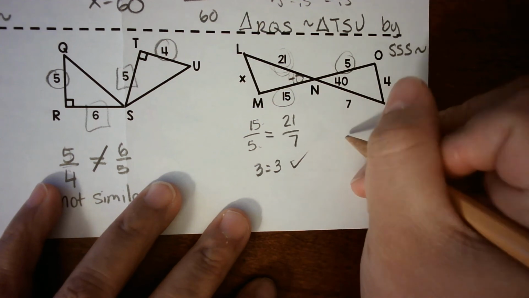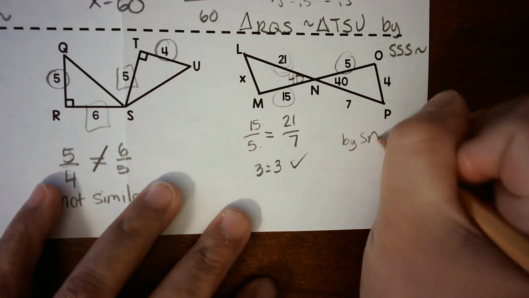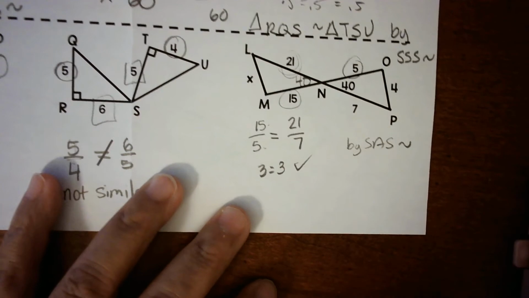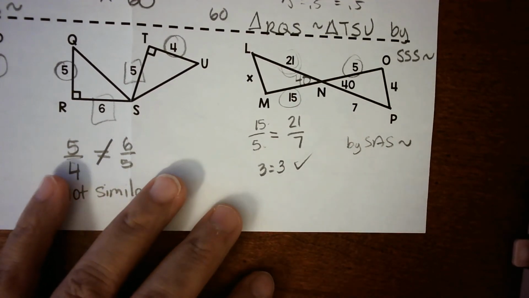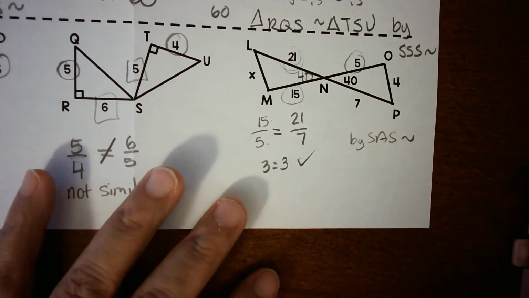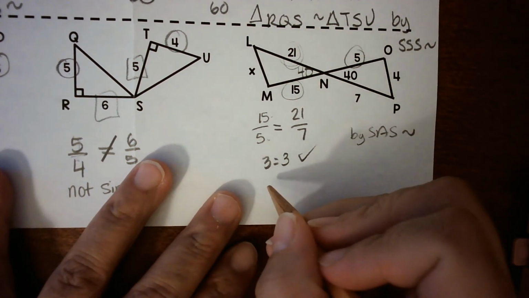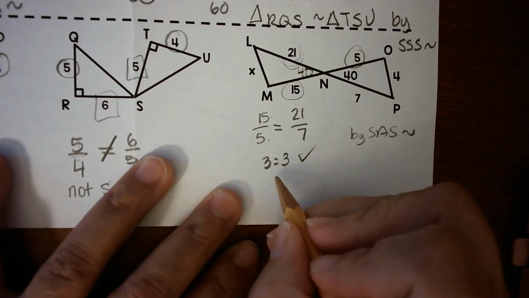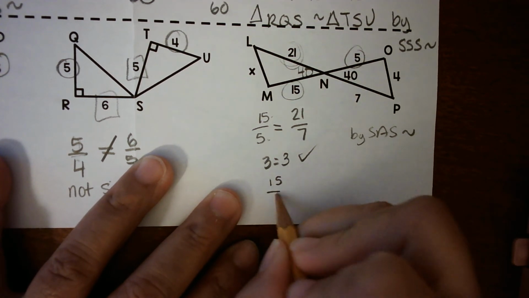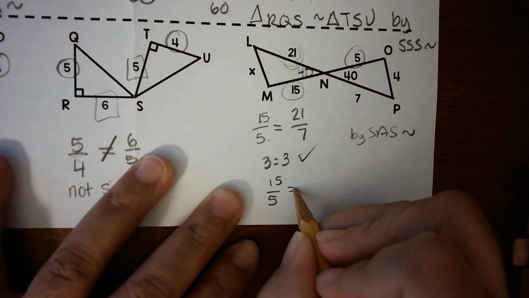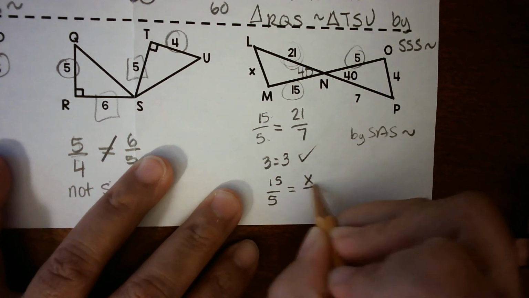That means that this is proportional by side angle side similarity. And we can solve for x. I'm going to write it this way just because that's what we were used to. I have 15 divided by 5 is equal to x divided by 4.